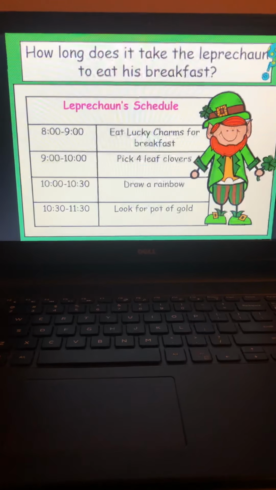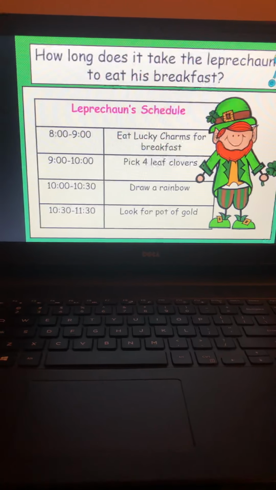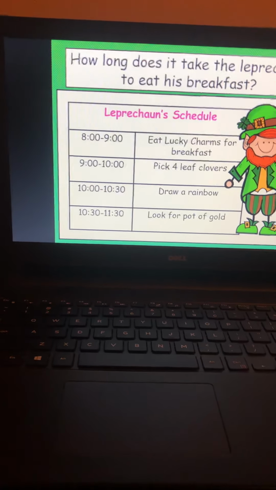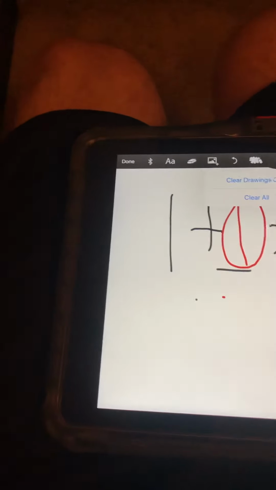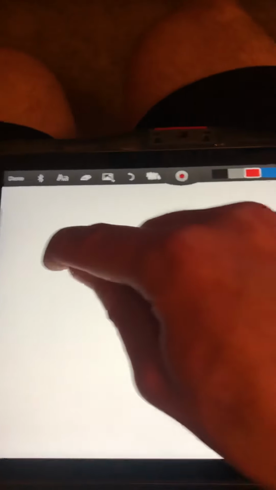Okay, if you're still coming up with that answer, feel free to pause it. But take a look here. So it says that he starts at 8 and ends at 9.